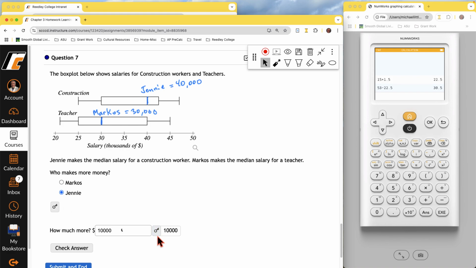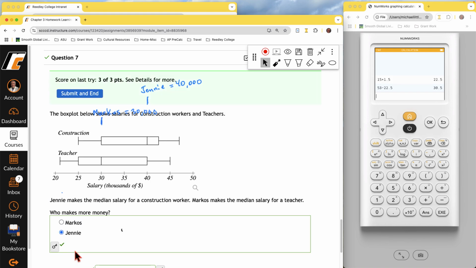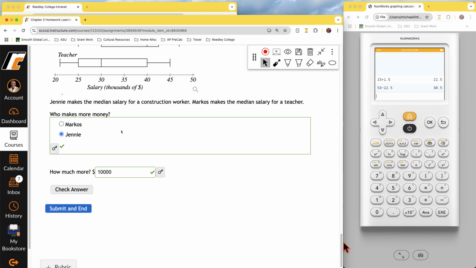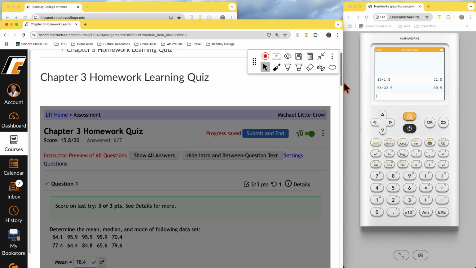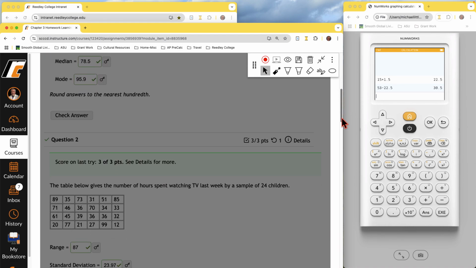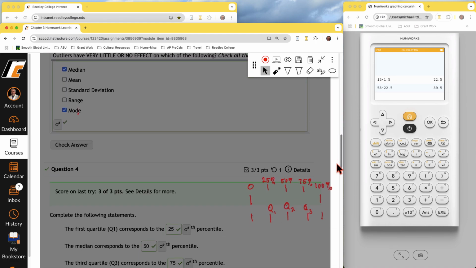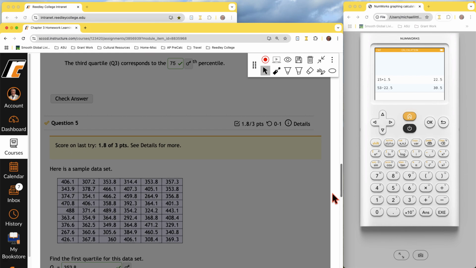And again, we can just click here and here. We get the right answers, but we can also check our answers. And at the very end, you can always submit and end, and it will check everything. Check answers as you go, submit and end. And once you've done that, you've got everything recorded. Hopefully, you've been checking as you go.